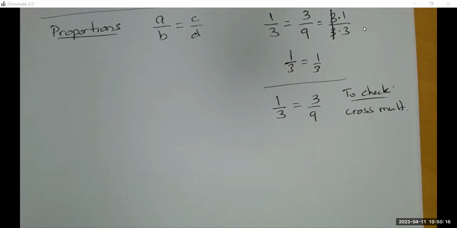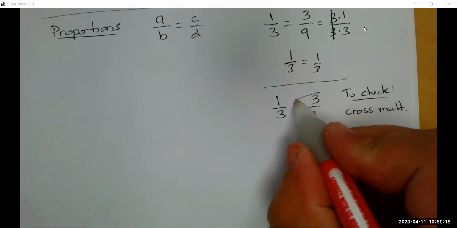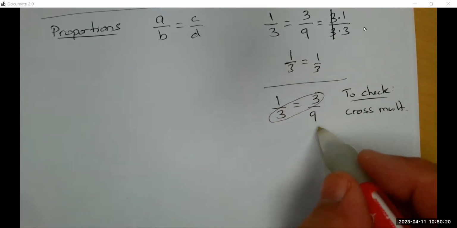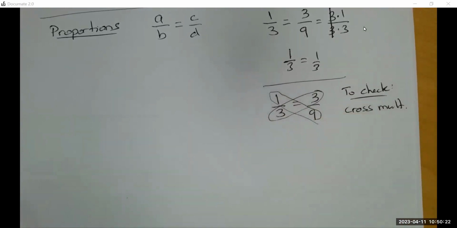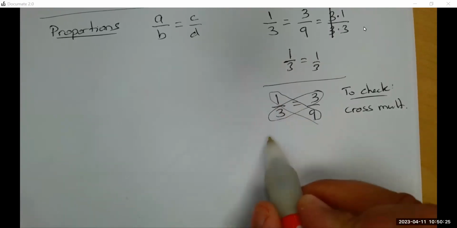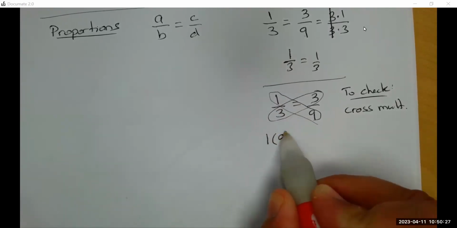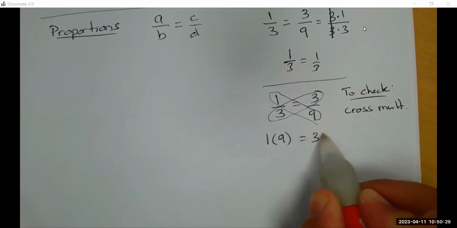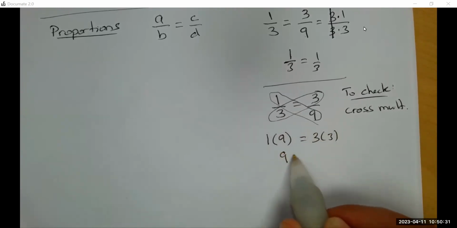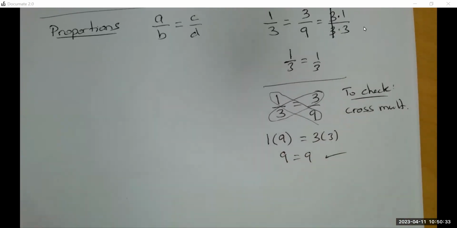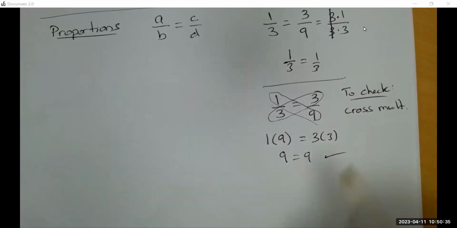Multiply these two together and multiply these two together. So 1 times 9, does it equal 3 times 3? Since that's equal, that means this is a proportion.